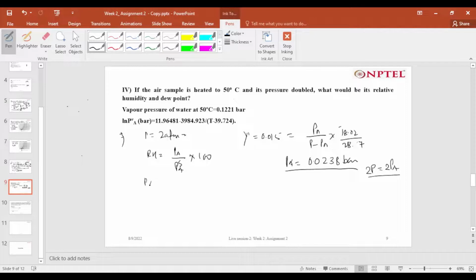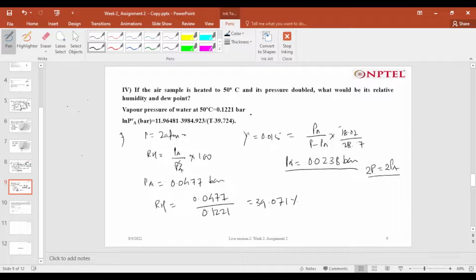So it becomes double of 0.0 7 bar. The relative humidity is 39.071. Right.